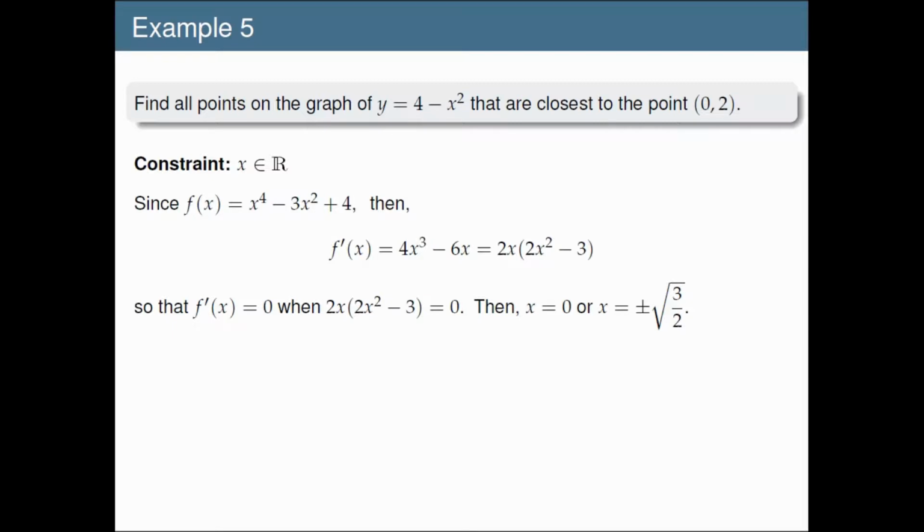Now, since our constraint is the set of all real numbers, ito lahat yung magiging critical numbers of f: 0, square root of 3 halves, and negative square root of 3 halves.